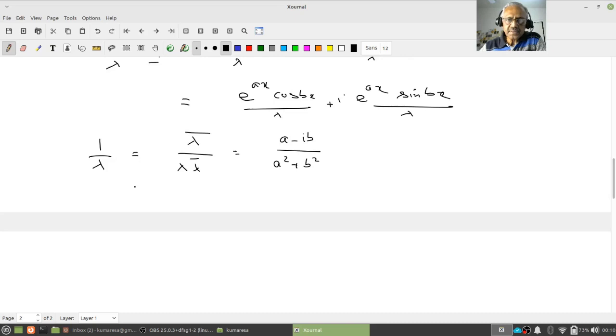So I may need this, so let me do that. Let us look at e power ax cos bx times 1 by lambda, that is a minus ib by a squared plus b squared.